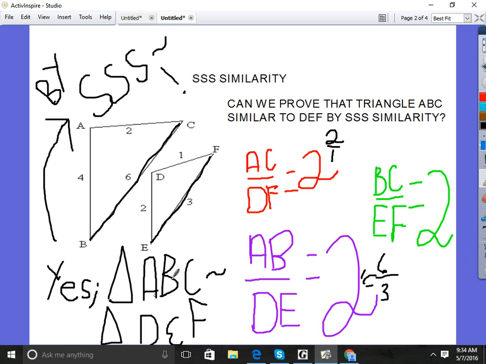Then I took the last sides in proportion, and I got AB over DE.